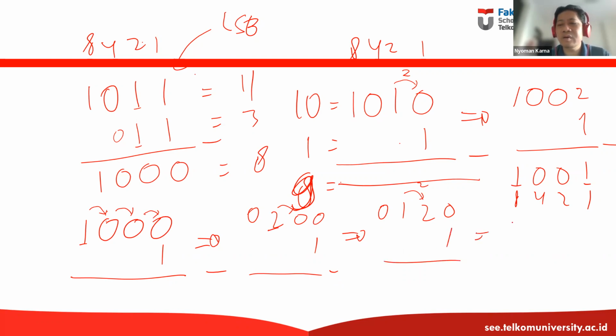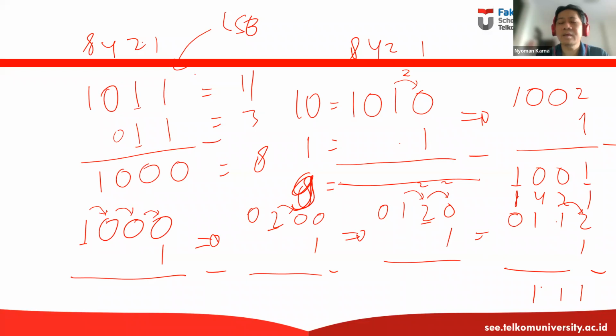Now you can borrow from me. So it will become 0, 1, 1, 2. And then this one is 1. Why? Because the borrowing value is 2 here, and this one will become 1. So now we can subtract 2 with 1. So it will become 1, 1, 1.